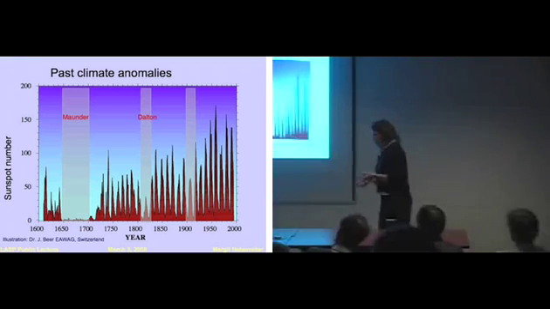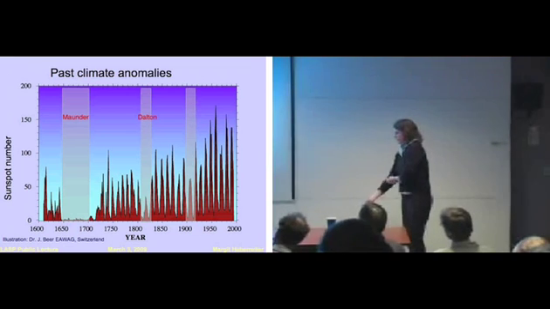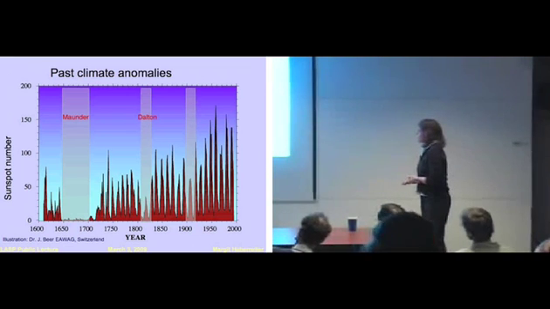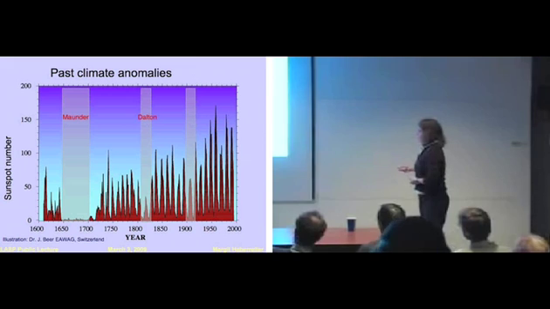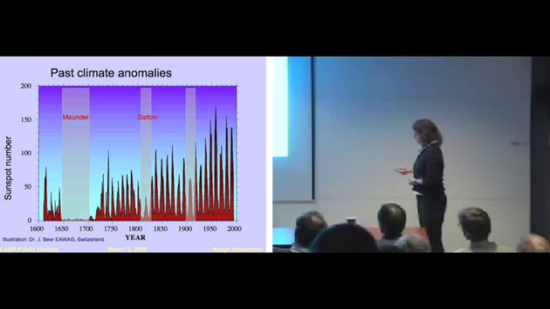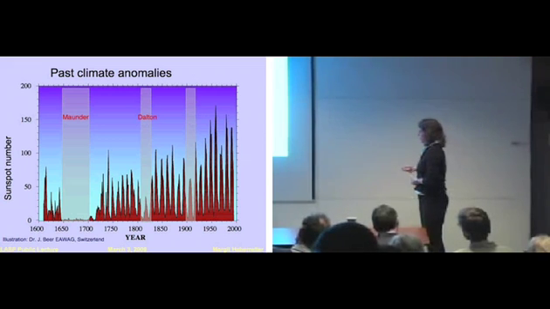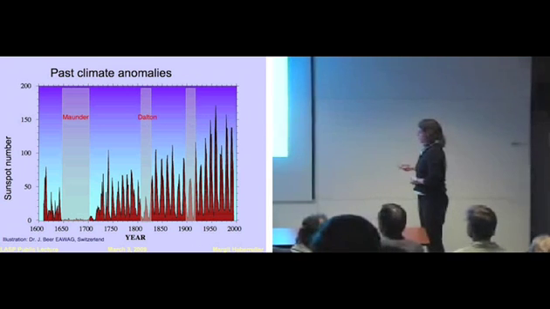Okay, now let's go even further back in time. Now this figure shows again the sunspot cycle as observed from 1600 to the present time, basically. And of course the sunspot cycle is an indication of the solar activity.